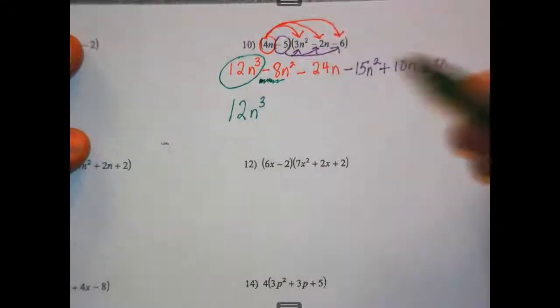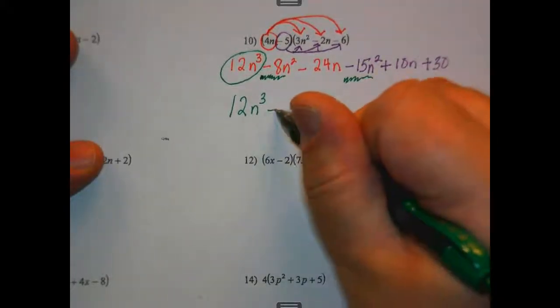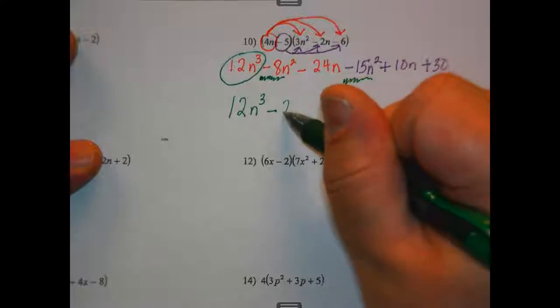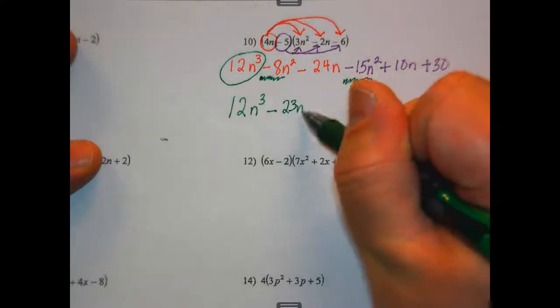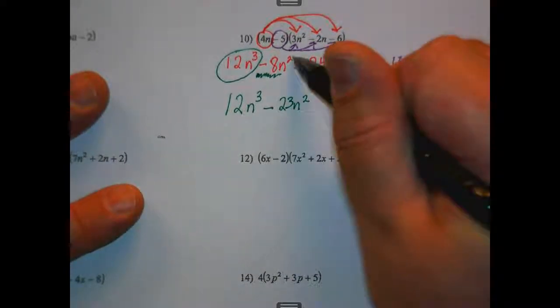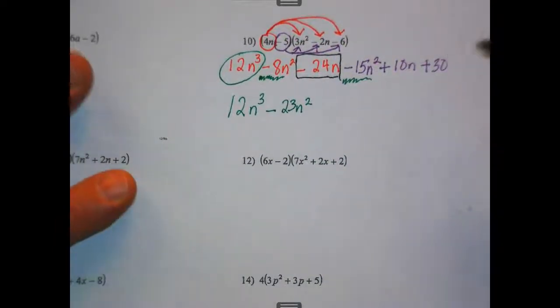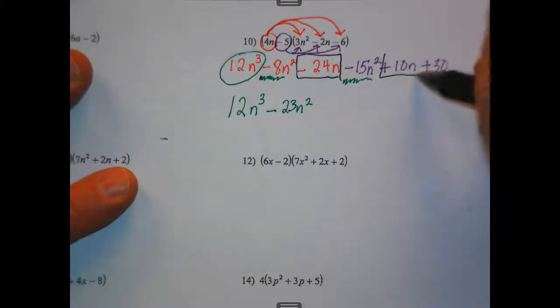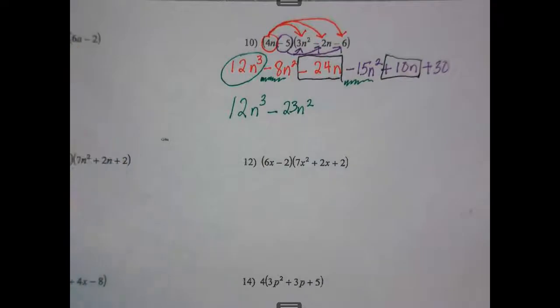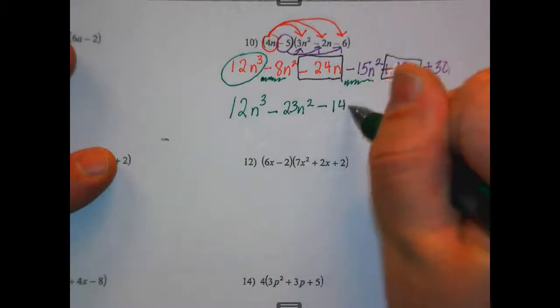Negative 8n squared minus 15n squared is minus 23n squared. Negative 24n plus 10n is negative 14n.